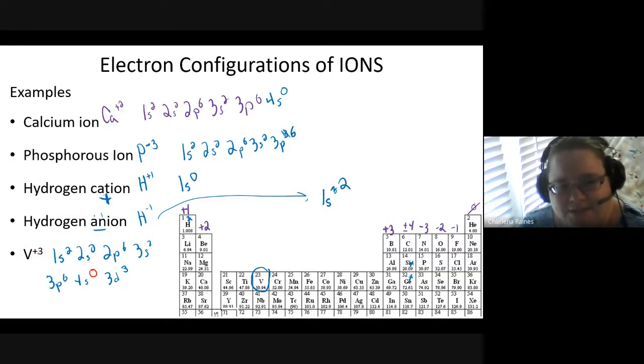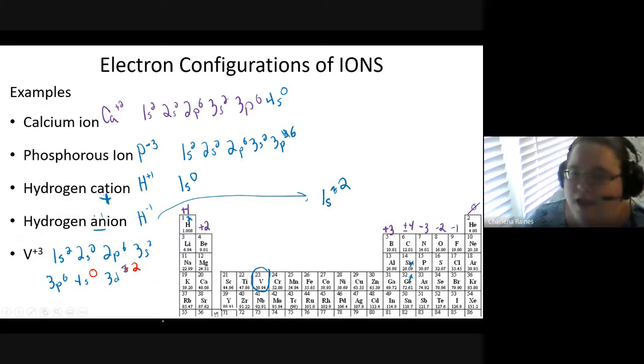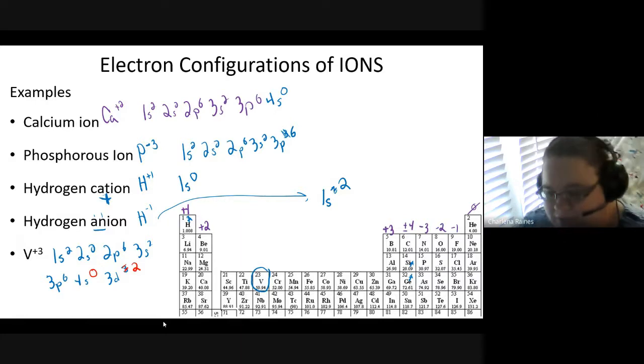So for vanadium +3, we got rid of 2 of them. We have to lose 1 more electron, so we're going to change that 3d3 to 3d2. I won't have you do very many transition metals, but just know that they lose their valence electrons first. Transition metals just get a little bit wonky.